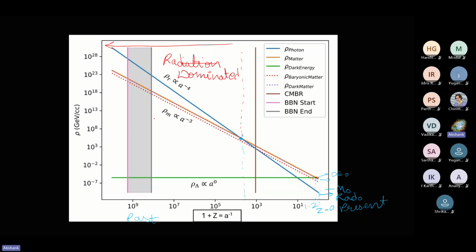And between this redshift and this redshift, you have your matter dominated era, where matter was the dominating constituent. And today, dark energy, as we know, is the dominating constituent. So we are today in a dark energy dominated universe.